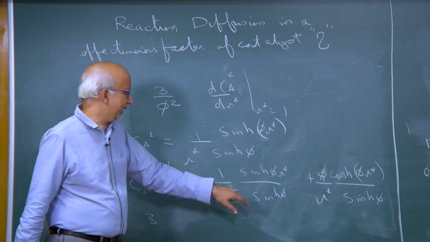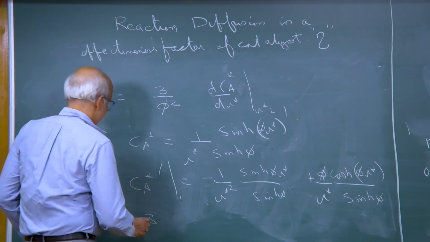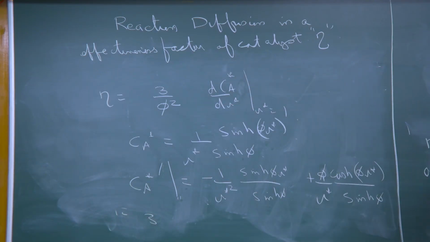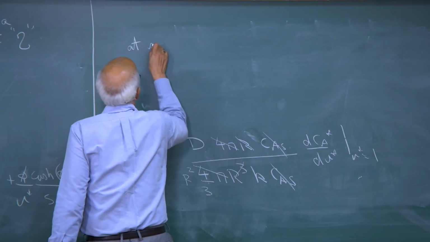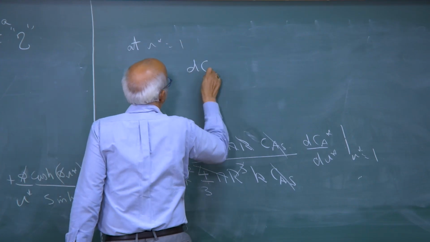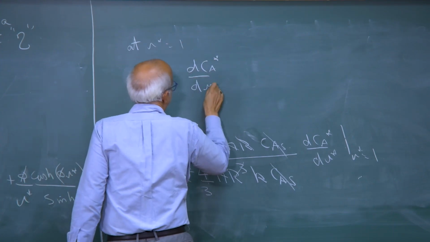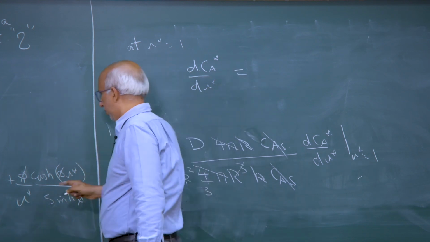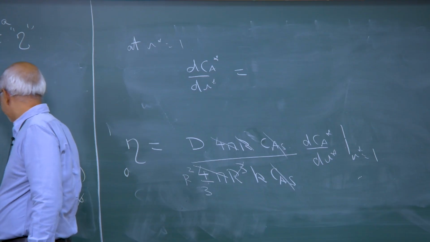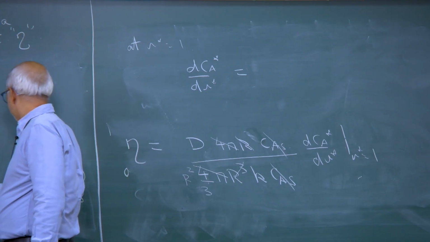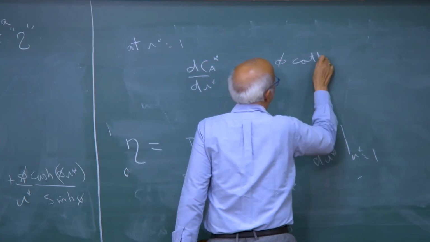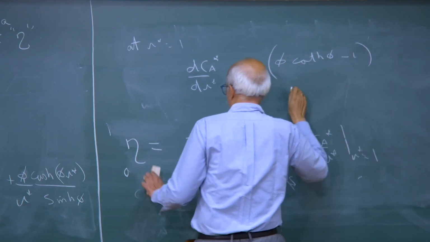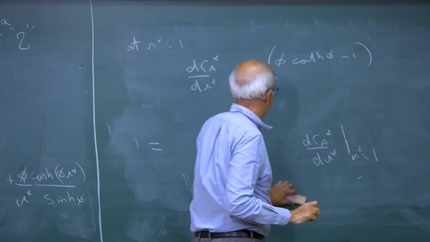But I have to evaluate this at r star equal to 1. At r star equal to 1, put r star equal to 1 here, you get minus 1 and phi coth(phi).